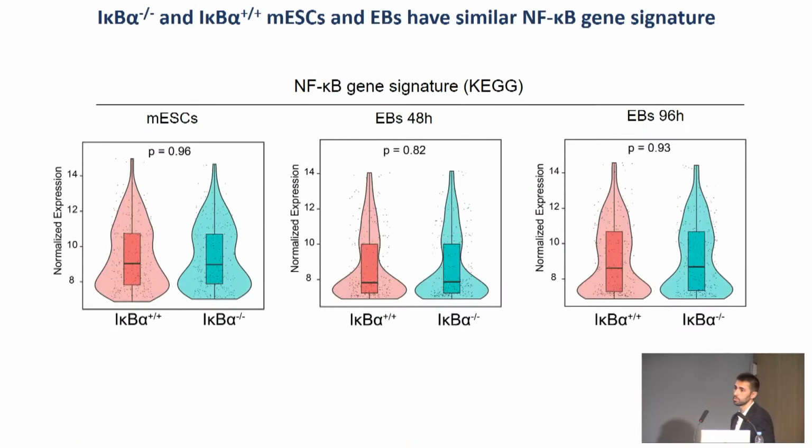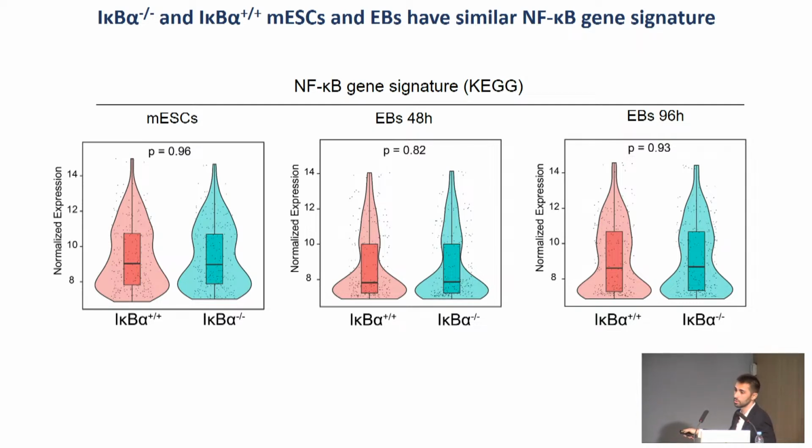But we were also curious to know whether the lack of IκBα in the mouse cells had any implication over the NF-κB pathway behavior. So we took advantage of the KEGG database to extract the NF-κB gene signature, and we compared this signature between wild-type mouse cells and knockout ES cells for IκBα.